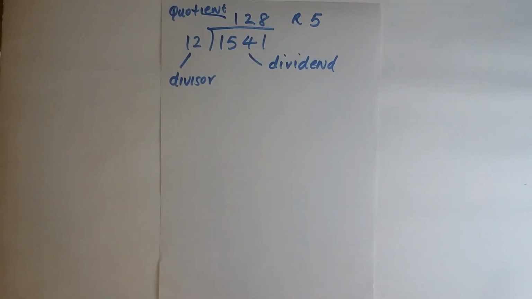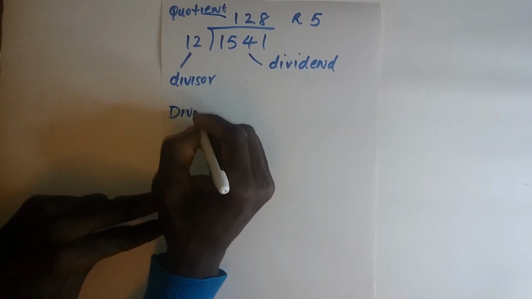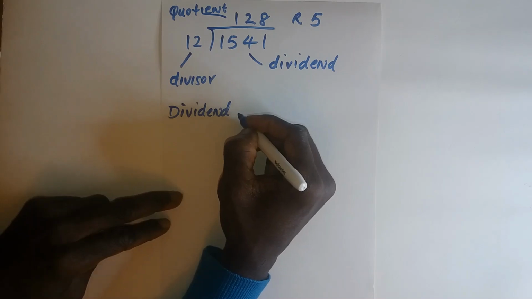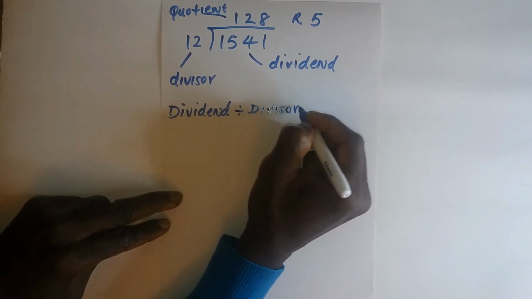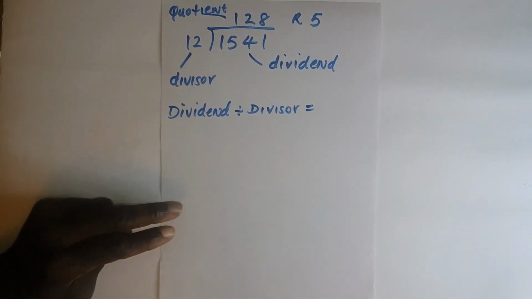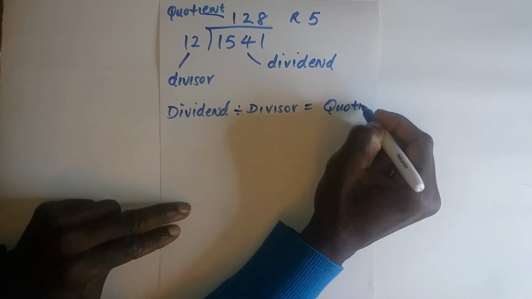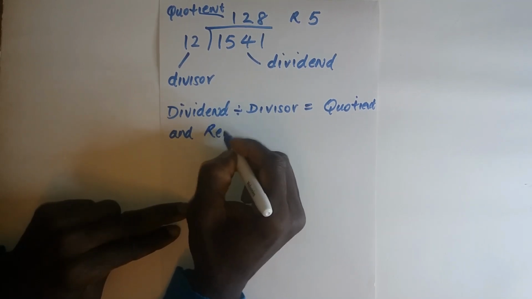Well, how do we check to know whether our answer is correct? Well, I'll give you a word equation that will help. So we have the dividend divided by the divisor is equal to the quotient and the remainder.